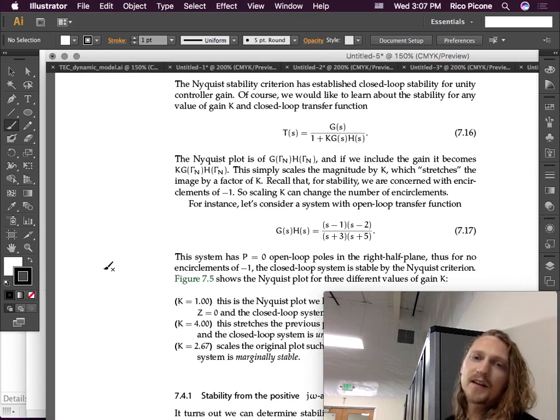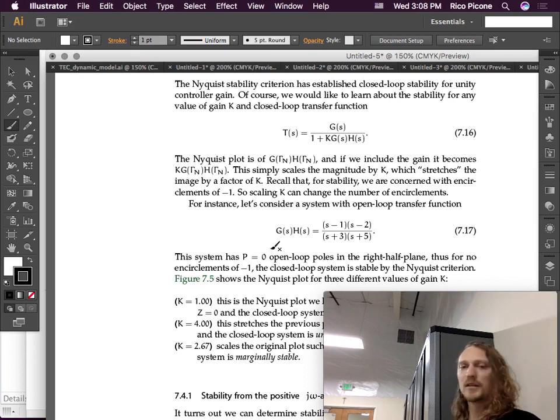For instance, let's consider a system with open loop transfer function 7.17. So this is our open loop transfer function. This system has 0 poles in the right half plane in the open loop system.